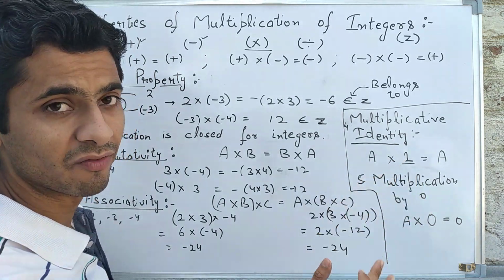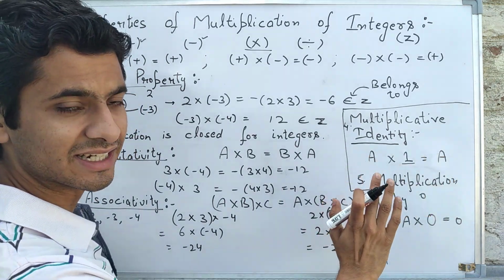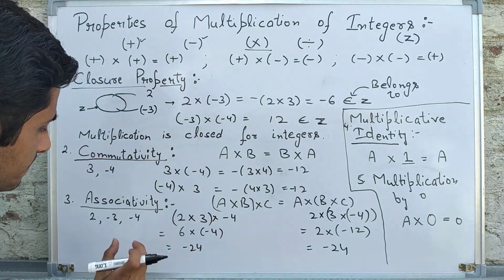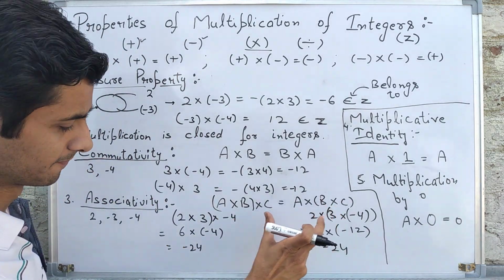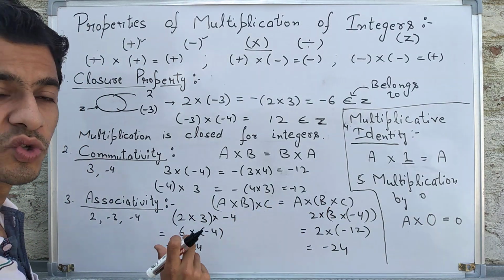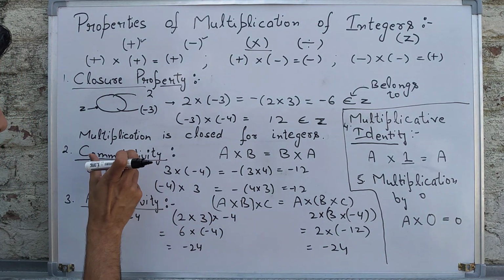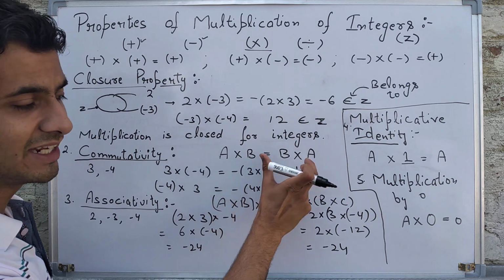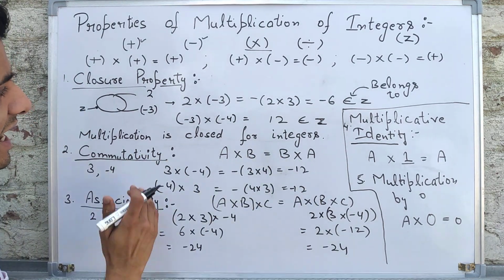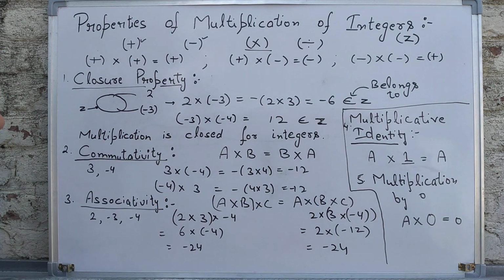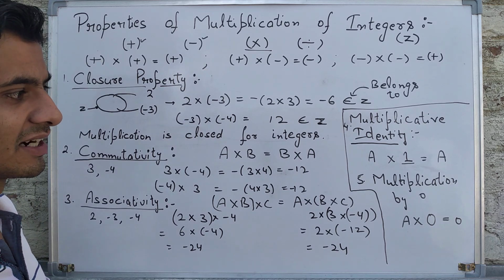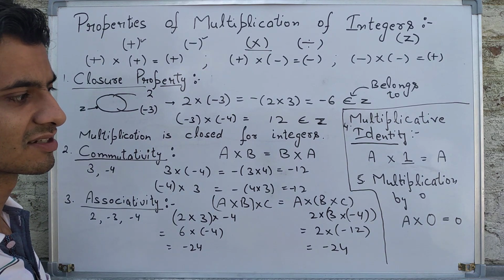If it is multiplication by 1, the identity element, the answer would remain the same. You have a set of integers, you can associate them in any order so that your multiplication becomes easy. You can multiply in any order for commutativity and closure property. After this, we have one more property that is called distributive property. Let us learn that too.